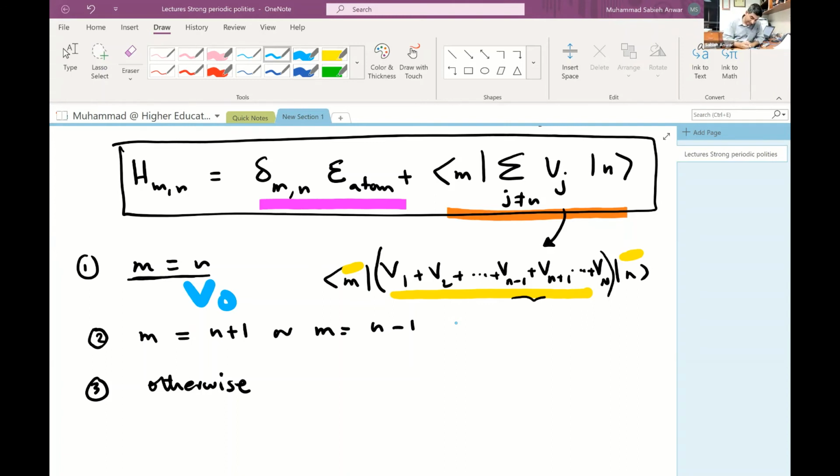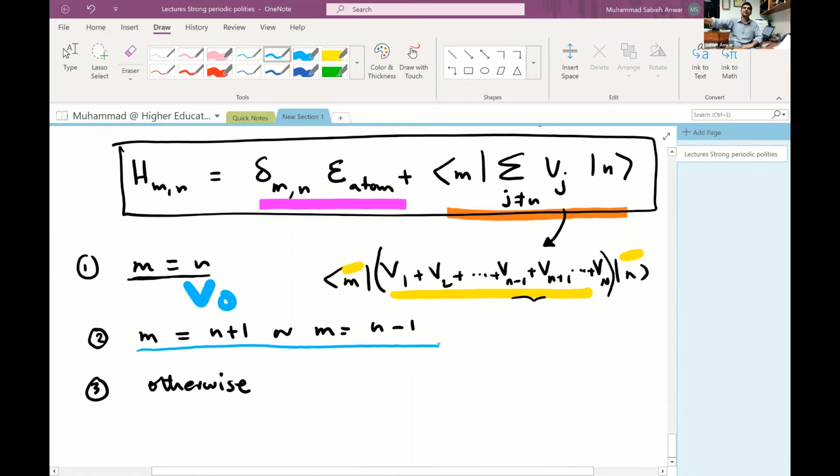Now, this scenario in which m equals n plus 1 or m equals n minus 1 will include terms in which the sum of all potential energies is causing the electron to hop from one atom to a neighboring atom.